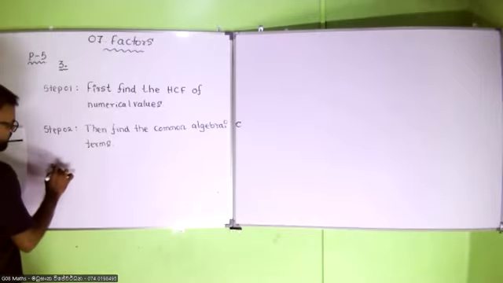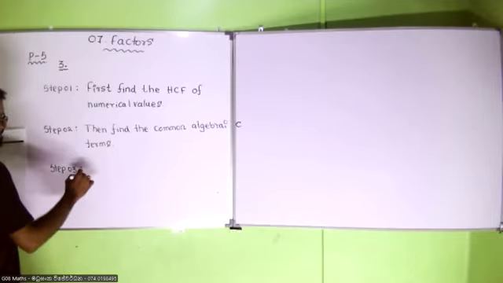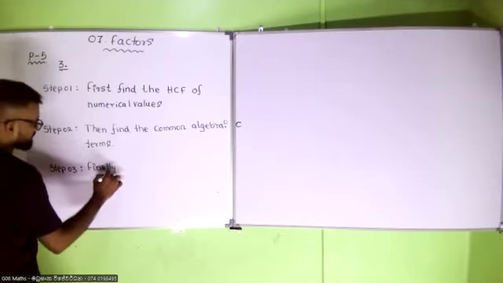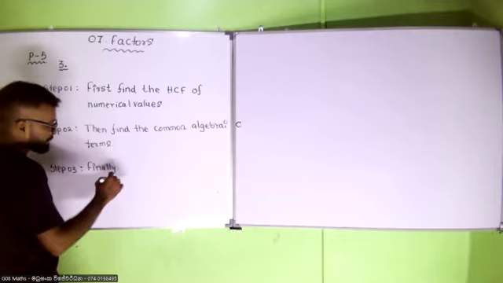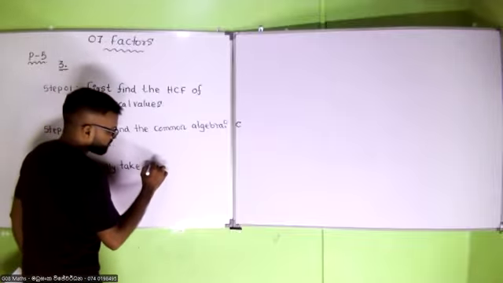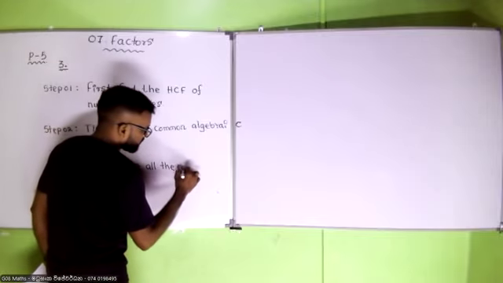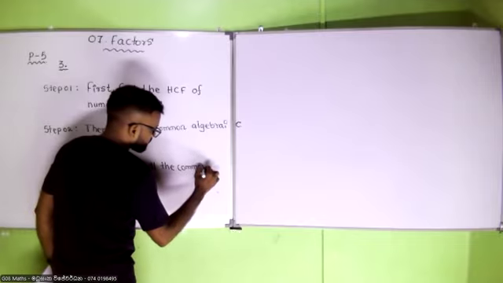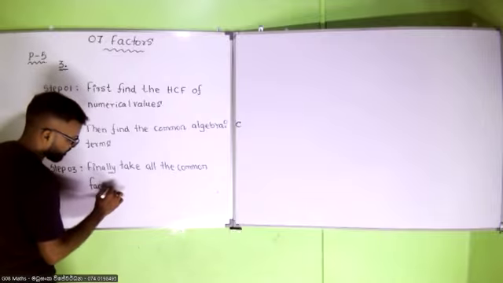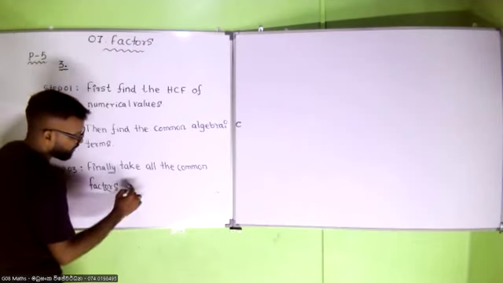Step number 3: finally, take all the common numbers or common factors out from the bracket.